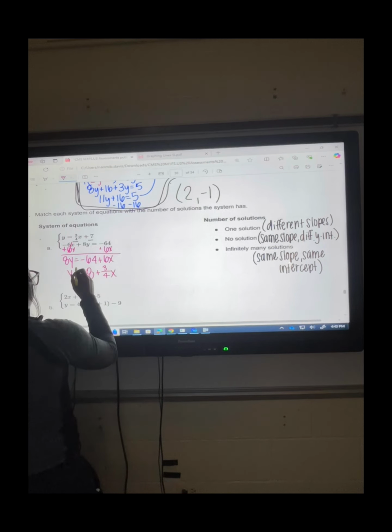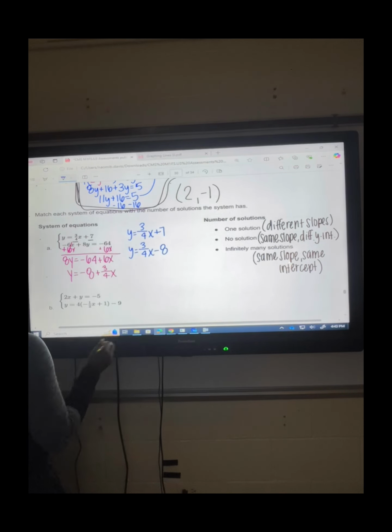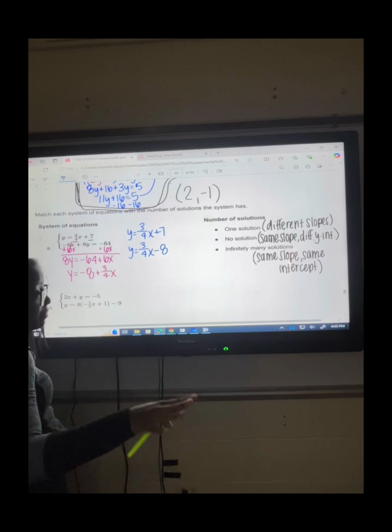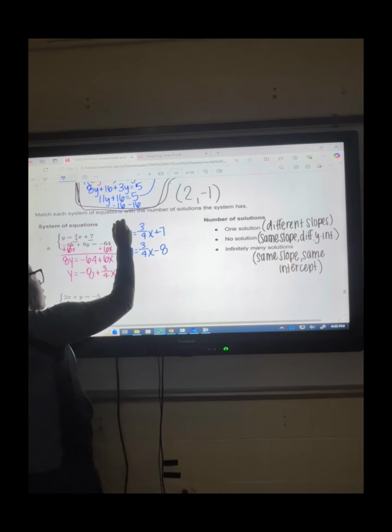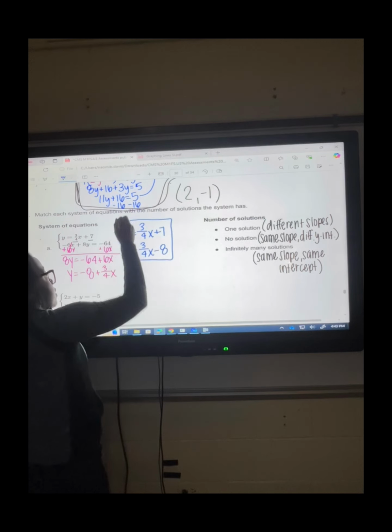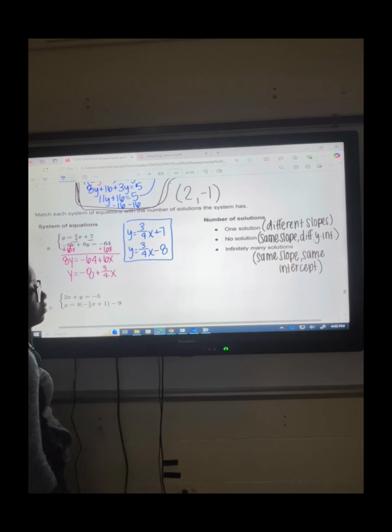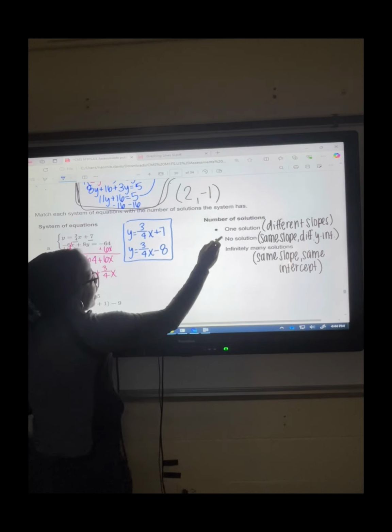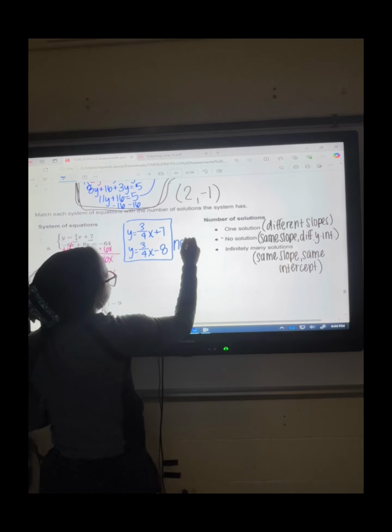Once I solve this second equation and rearrange it so everything's on top of each other, -8 plus 3/4 x is the same as 3/4 x minus 8. When I line them up, what do I notice about the slopes? They're the same slope. What do I notice about the y-intercepts? They're different.